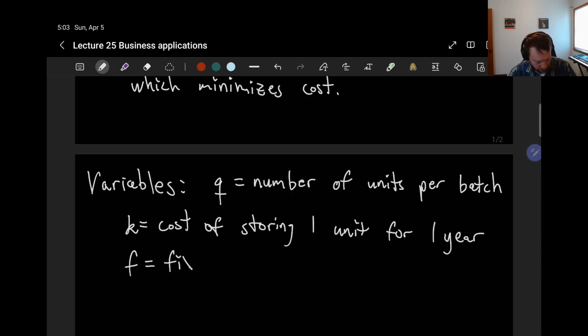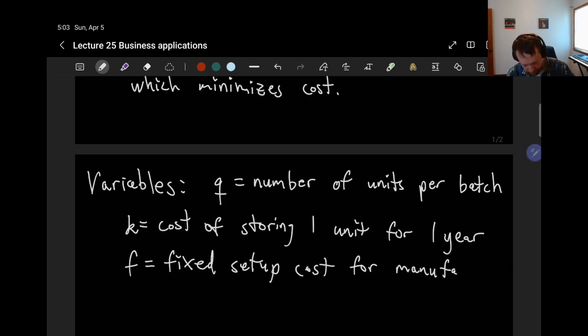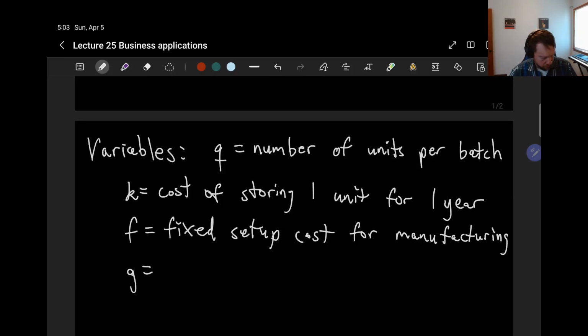So F is the fixed setup cost for manufacturing. That's why it could be more expensive to manufacture too often, because you have this cost showing up. G is our next variable. Well, this is the cost of manufacturing 1 unit.